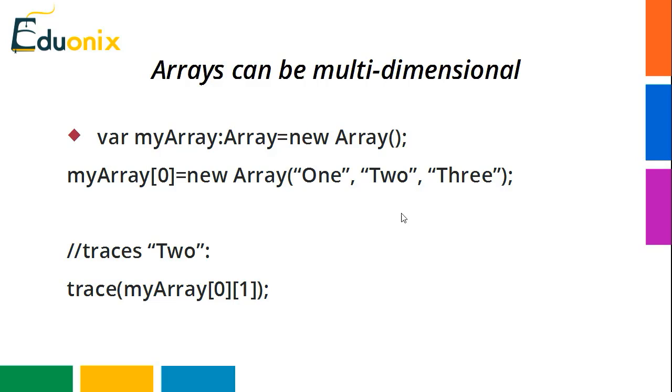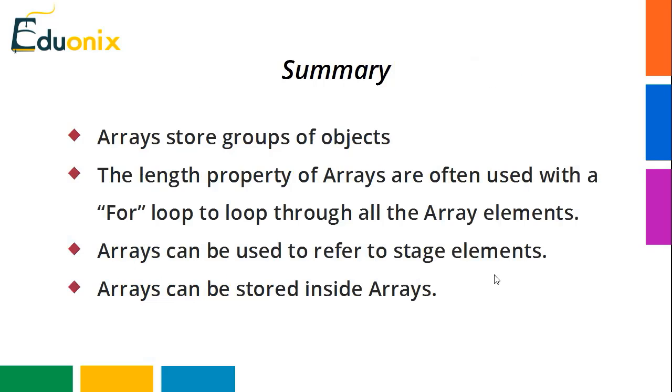So this can get quite confusing, but it's just worth mentioning that arrays can be multidimensional because it's useful for certain problems. So in summary, arrays store groups of objects, and as I've shown you, arrays are often used with for loops to loop through each of the array elements using the length property to define the number of loops that you're going to use.